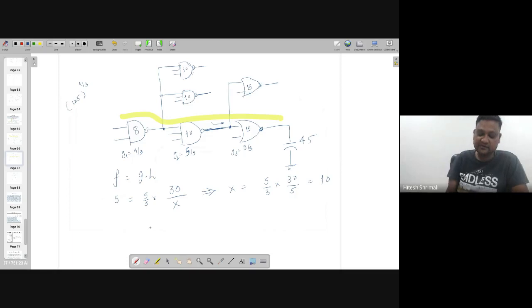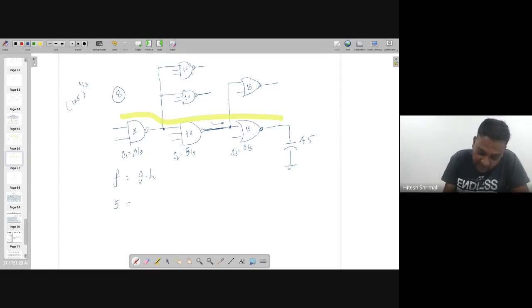Just for the sanity check, let's see if this is not given to us. If it is some value z, I know that it's 8, which was already given in the question. But what I'm saying is, just to check whether it matches our calculation or not. So the stage effort is equal to 5 for this particular gate whose drive is z.